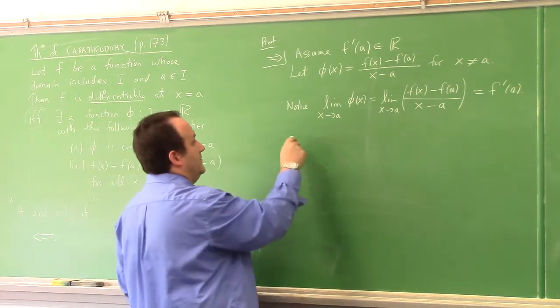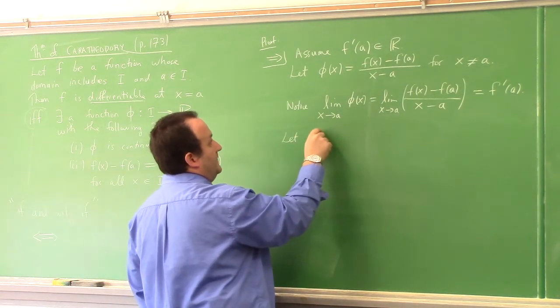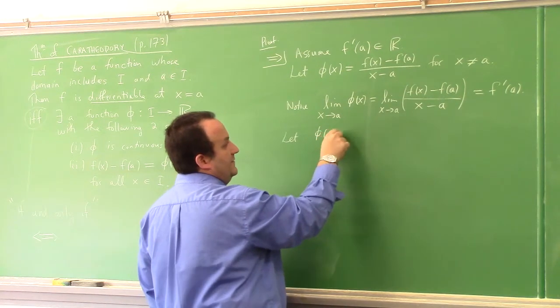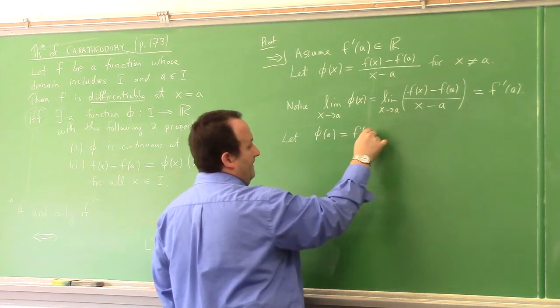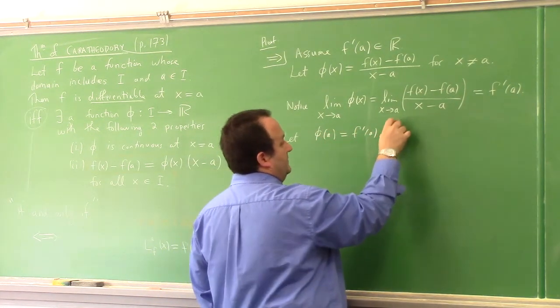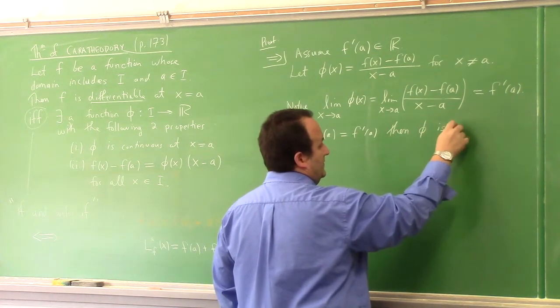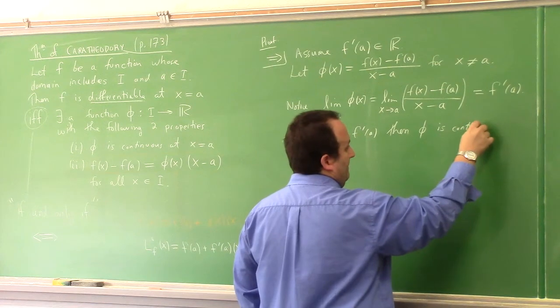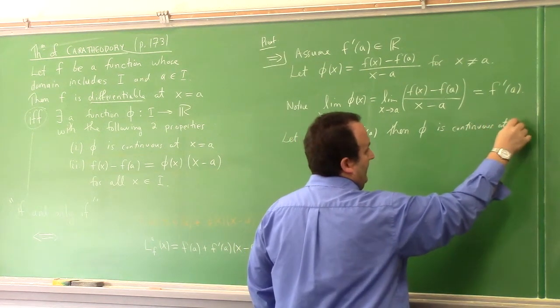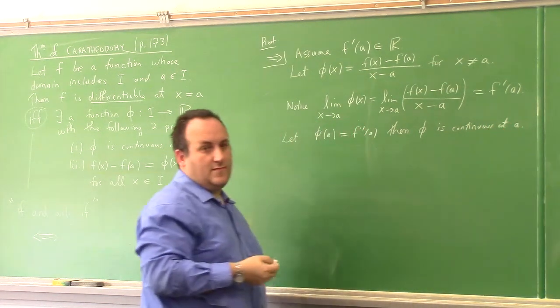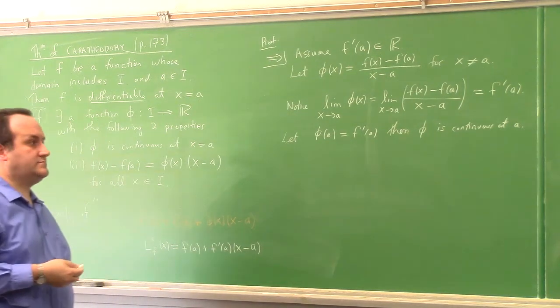So let phi of a equal f prime of a, then phi is continuous at a, right?